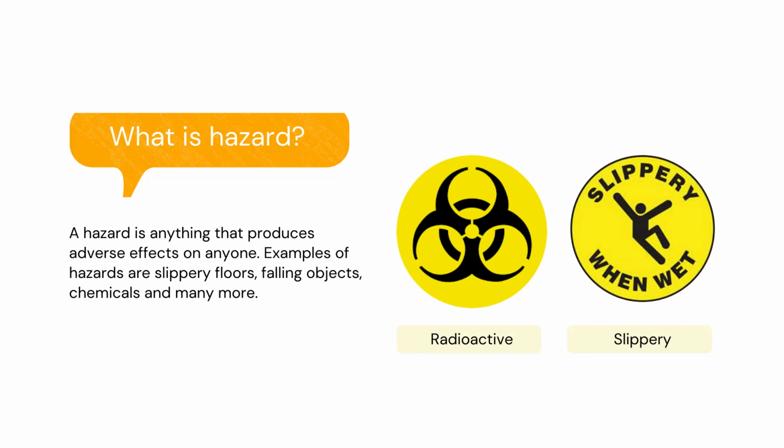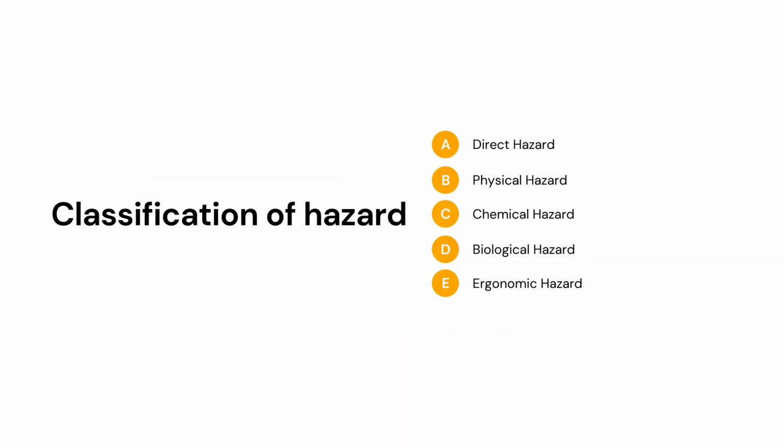Although some hazards are intrinsic in nature, a human hand is still behind most of the hazards we now encounter. And there are five classifications of hazards, namely, one is the direct hazard, second is the physical hazard, third is the chemical hazard, next is the biological hazard, and lastly is the ergonomic hazard.